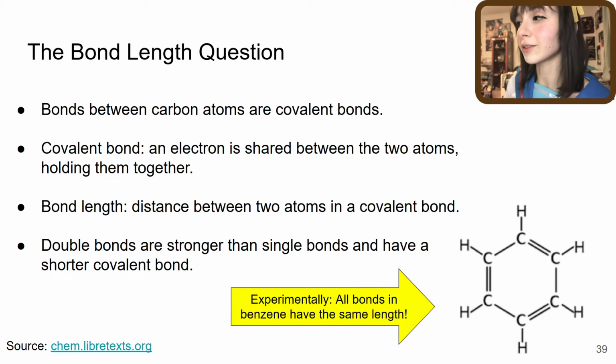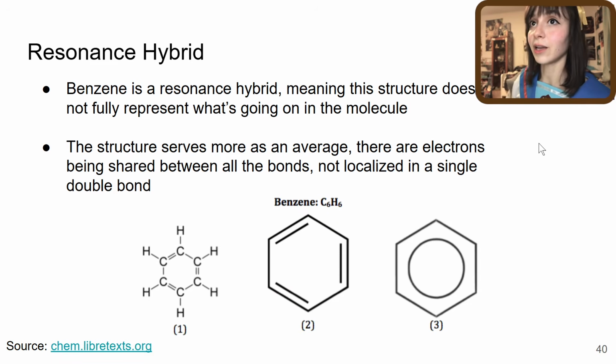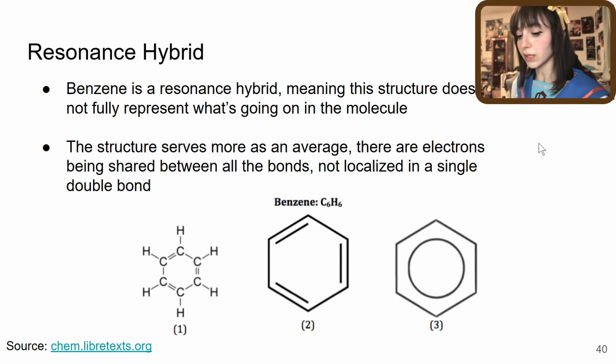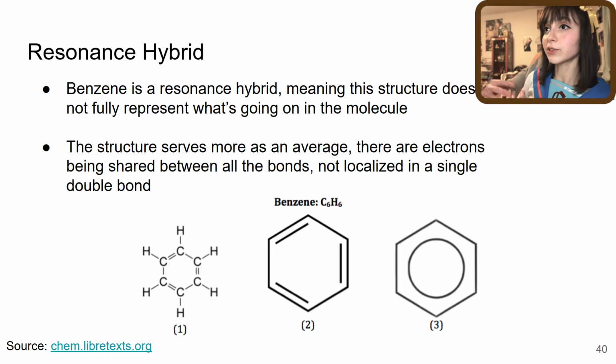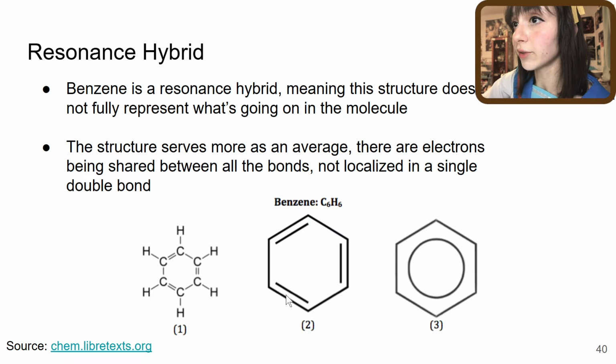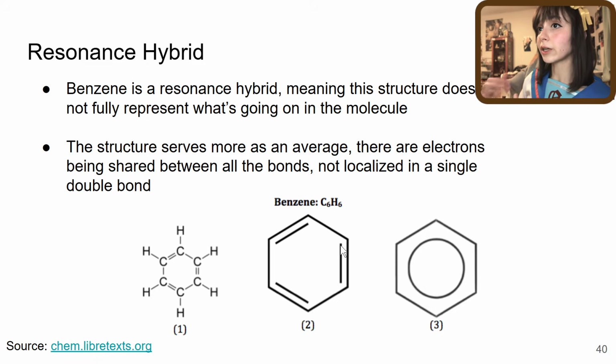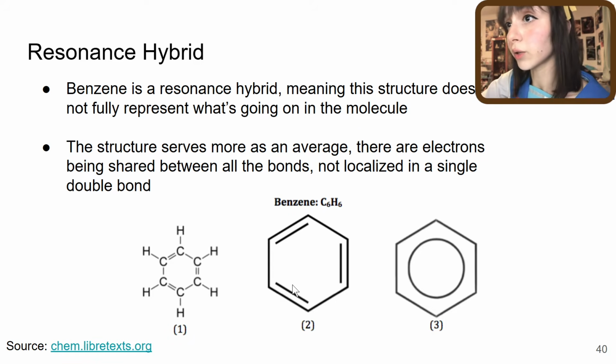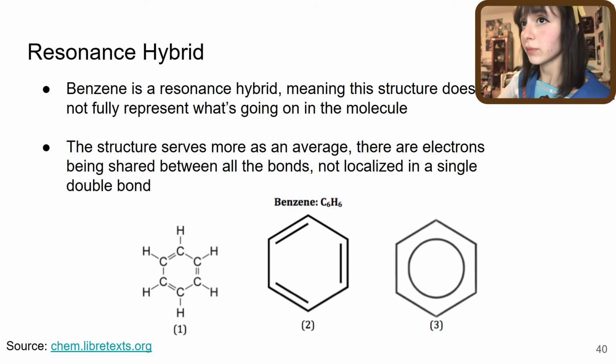This makes no sense. And this is what is known as a resonance hybrid. A resonance hybrid is a structure that is not fully represented by the structural drawing. It doesn't fully represent what's truly going on in the molecule, meaning that it is not true that some bonds are double bonds and some bonds are single bonds.